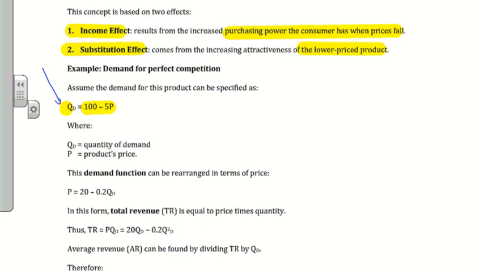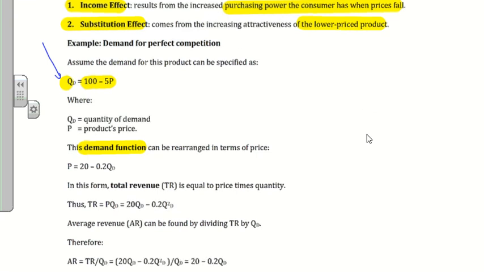Let's talk about the demand function over here. We've seen these maths tricks that we did in learning module 1. You can just rearrange the terms and put price on the left hand side.